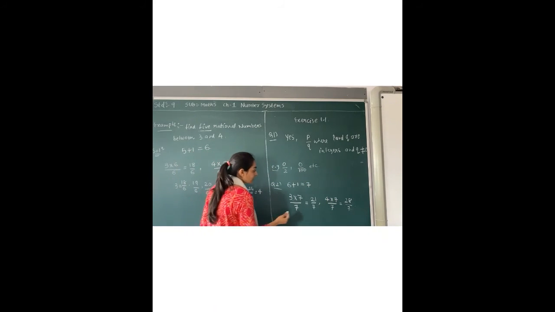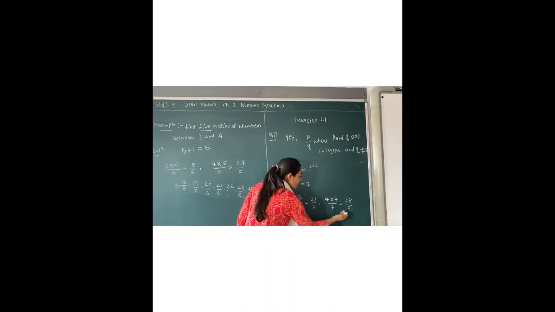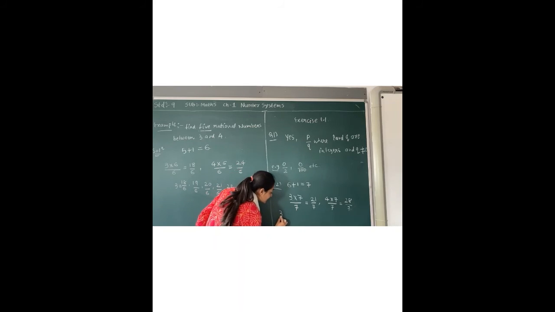Now I am simply writing the numbers between these two numbers. My first number is 3, which is nothing but 21 divided by 7. If I cancel 21 and 7, I get 3 only.